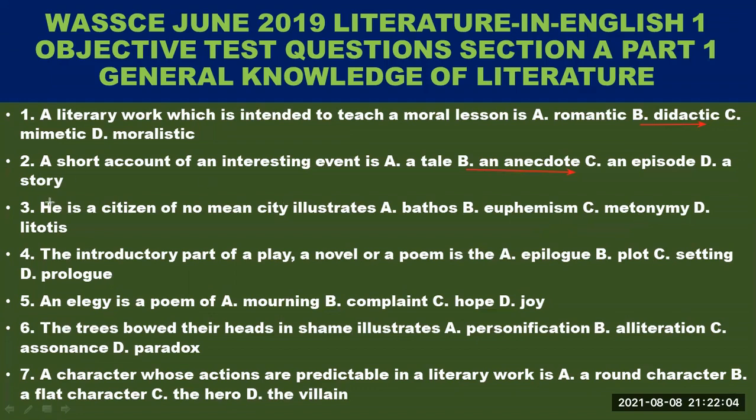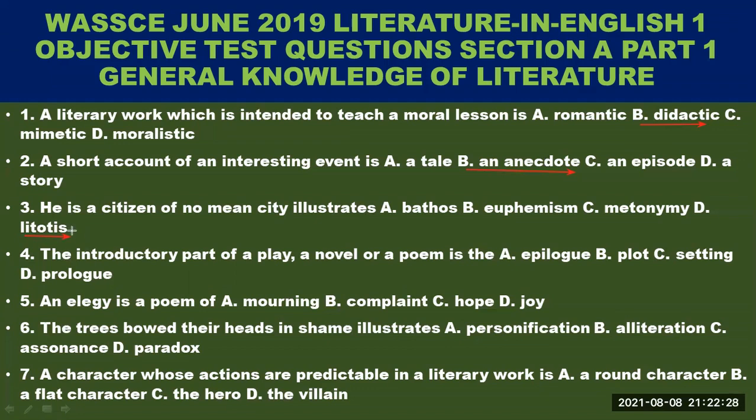Now, litotes is actually the answer, because litotes has to do with understatement. It is the opposite of hyperbole. Hyperbole is exaggeration. When you make a mountain out of a molehill, when you exaggerate something, that is hyperbole.